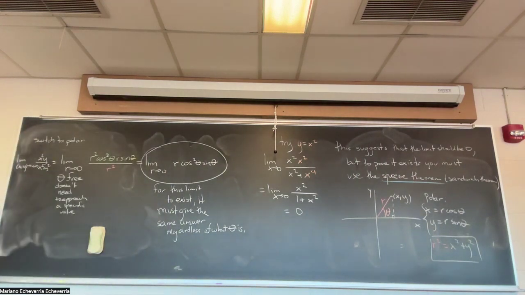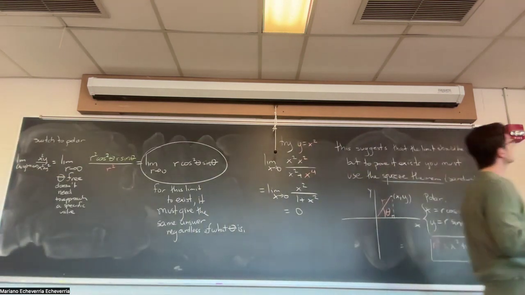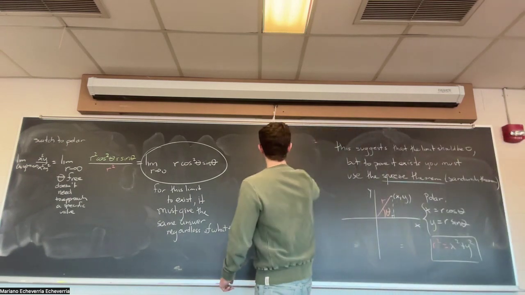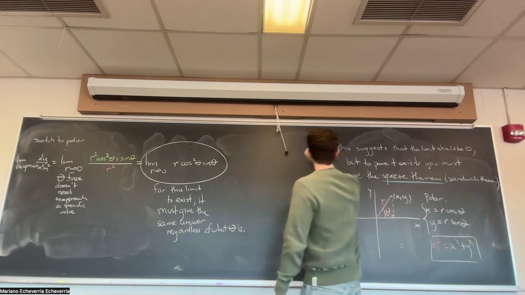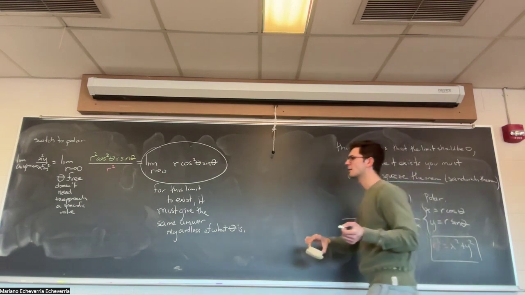This is where you will use the squeeze theorem. I probably haven't done squeeze theorem stuff in a long time, but what was the typical squeeze theorem problem in Calculus 1?